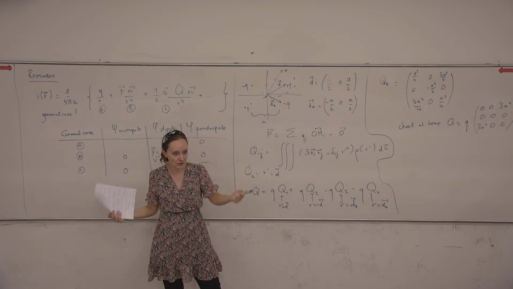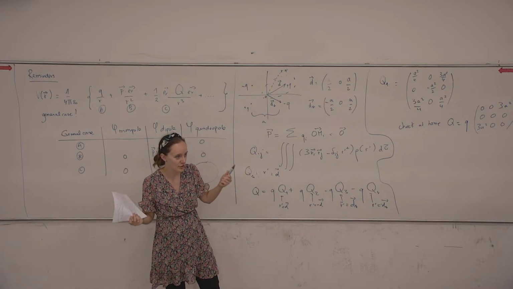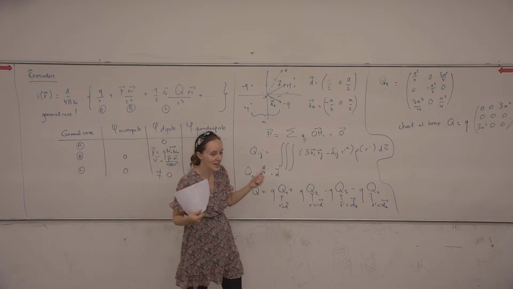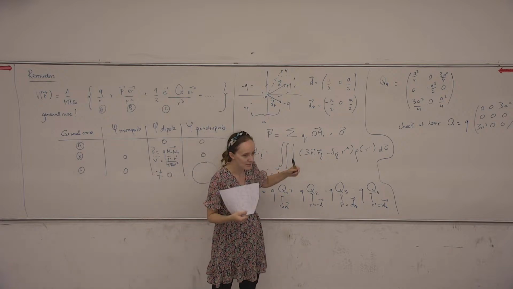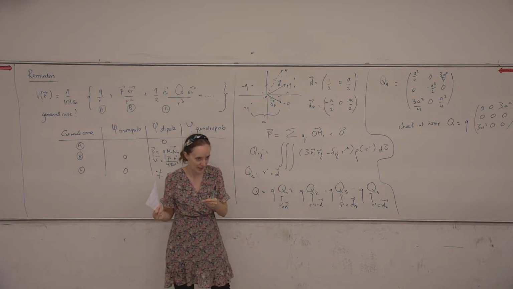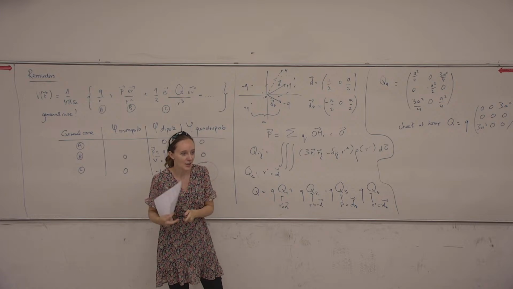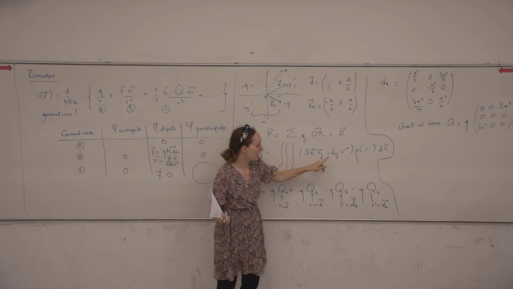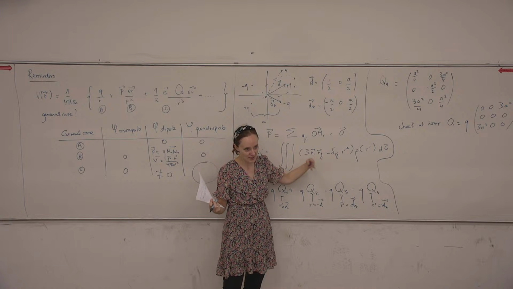If I had a continuous distribution of charges, it would be an integral. If I have something discrete, it becomes a discrete sum of several matrices, which are non-zero where delta ij is 1.